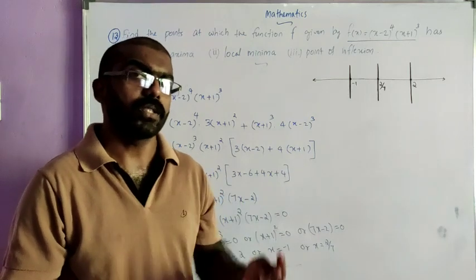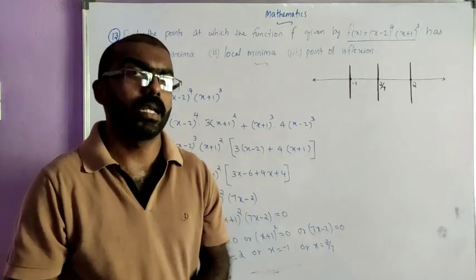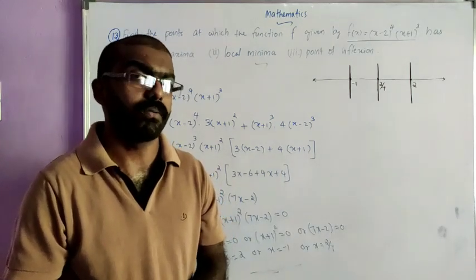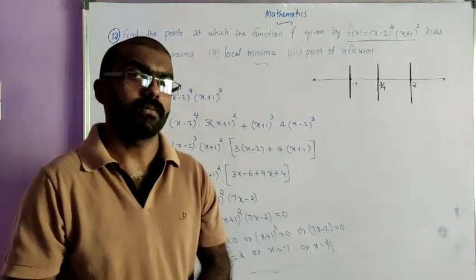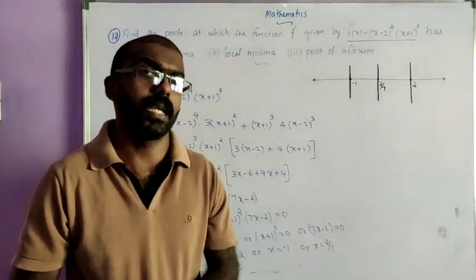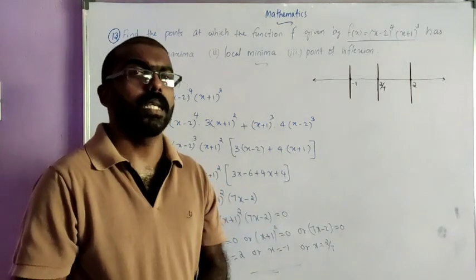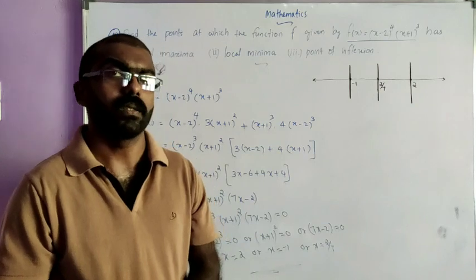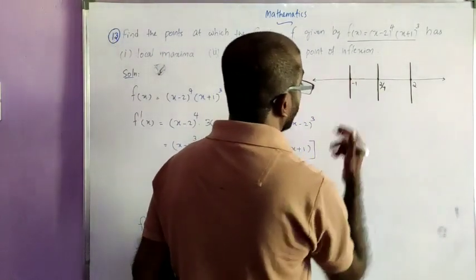Okay, and if f dash of x changes sign from negative to positive, then we can say it is a point of local minima. And if there is no sign change, f dash of x doesn't change its sign as x increases through c, then c is called a point of inflection. Okay, here we can take the point minus 1 first.